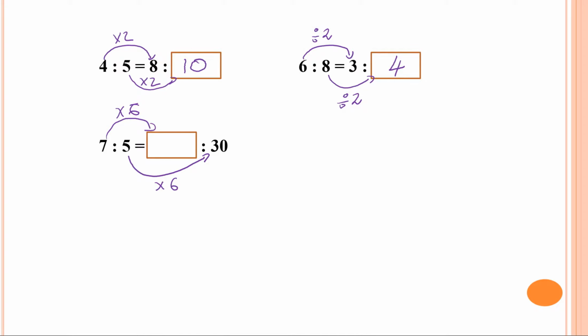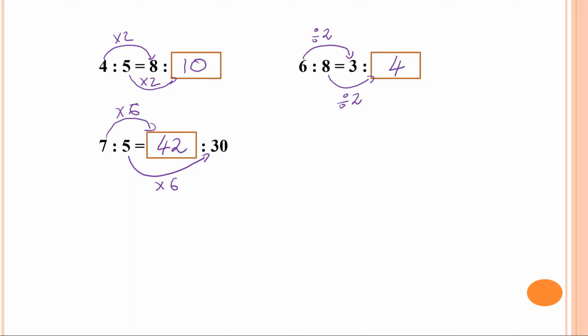Whatever you do on the one, you need to do the same thing on the other. Both of them have to have the same ratio, which is double up, or times by 2 for both. In this case, you times 6, so 7 times 6 is 42. That's the answer, 42.